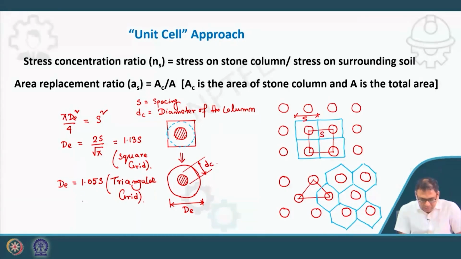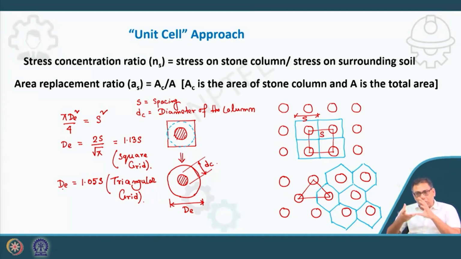Based on that you can calculate that for the triangular grid it is 1.05S, and for the square grid it is 1.13S. So from the unit cell approach, this equivalent diameter is 13% more than the spacing between the columns in case of square grid, and in case of triangular grid it is around 5% more.